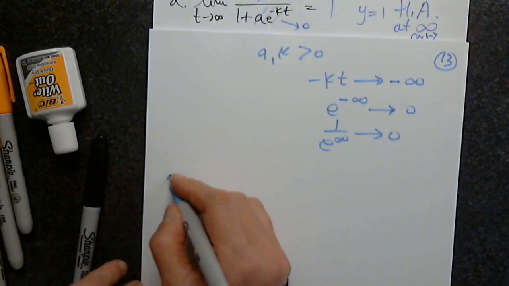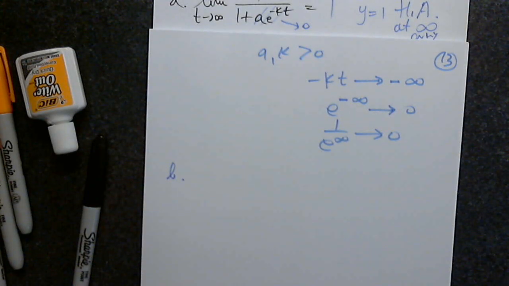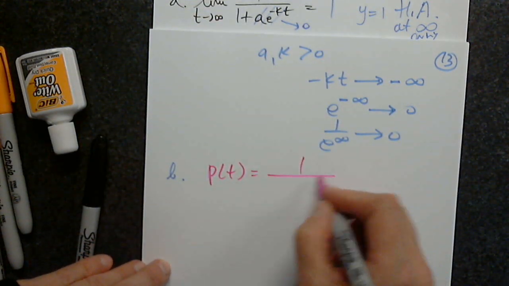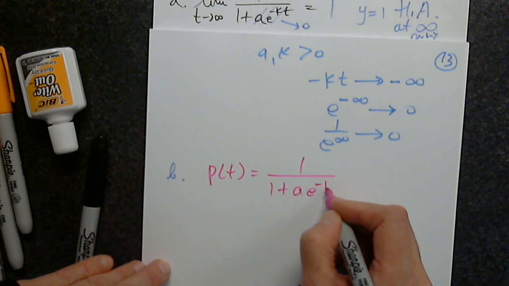Okay, in part B, they want us to find the rate of change. Define the rate of spread of the rumor. So one more time, P of t is 1 over 1 plus a e to negative kt.